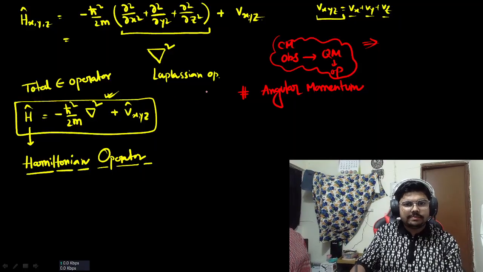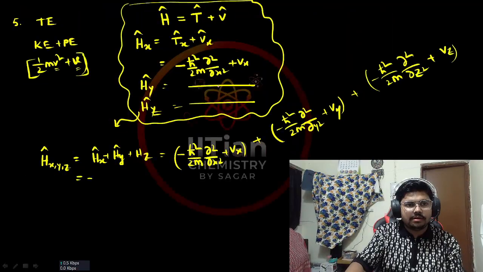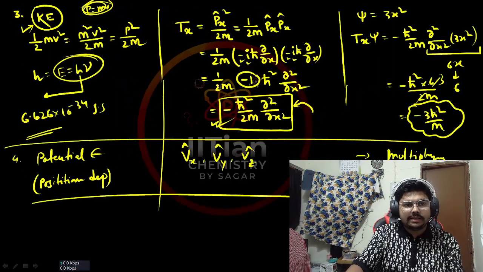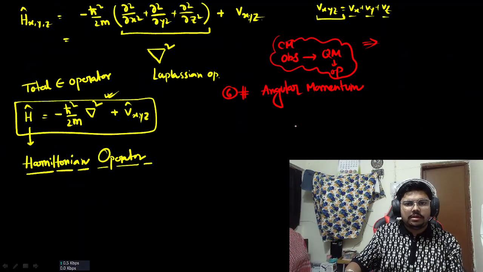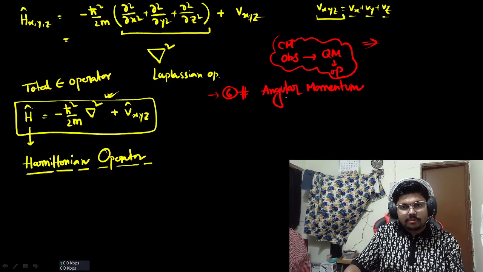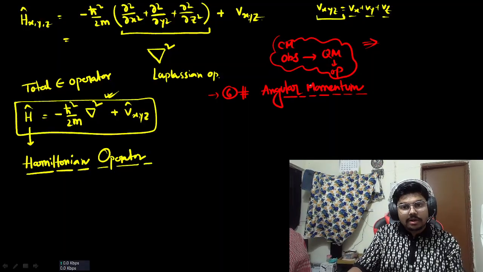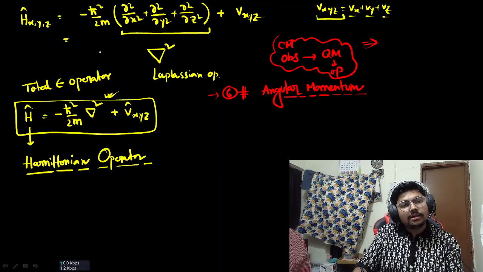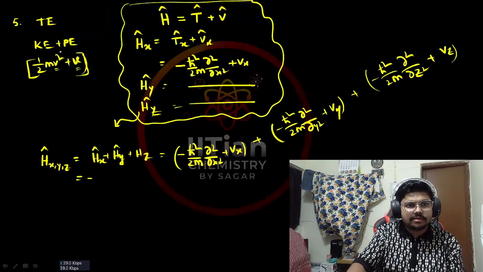This is basically the sixth point. We have seen five classical mechanical observables. The sixth one will be angular momentum. This will take a very long session. That's why, because in classical mechanics we have seen linear momentum also, right?